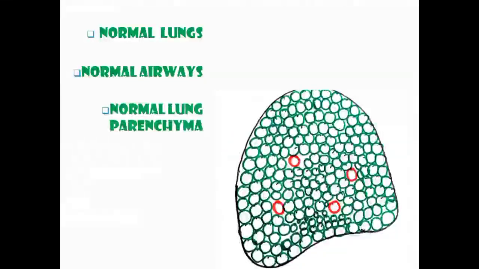Now, in your slide, this is the normal lung, having normal parenchyma and normal airways.